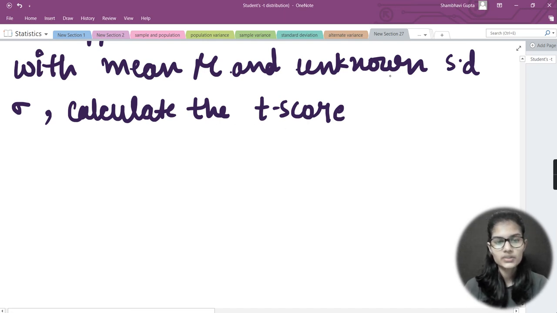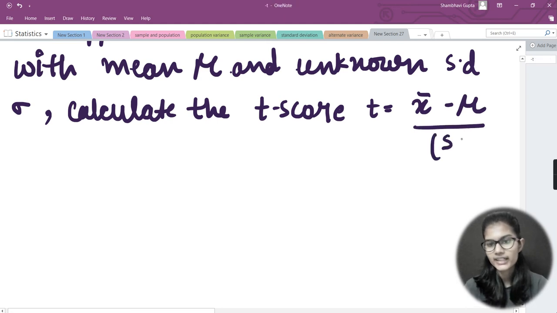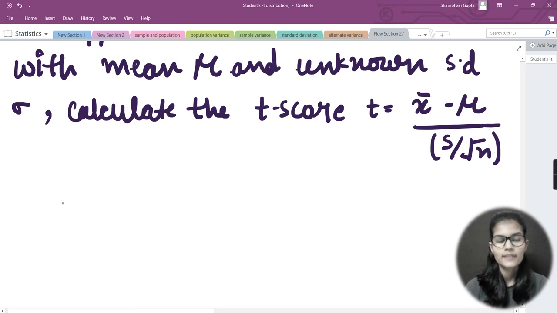So to calculate the T score, I will write out the formula here: T is equal to x bar minus mu, divided by s divided by the square root of n. Whatever I have written here, it is clear to all of you what the terms are, right?